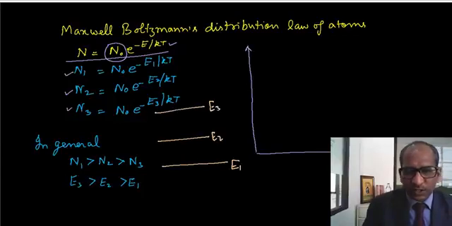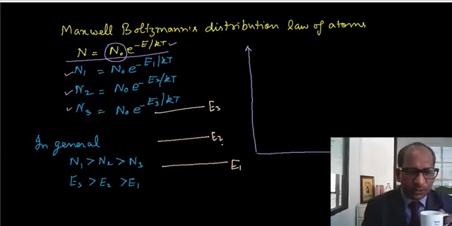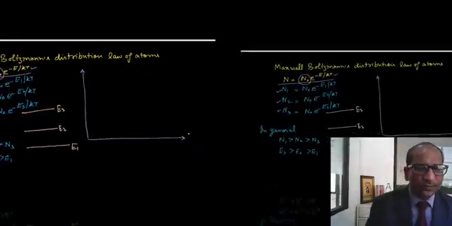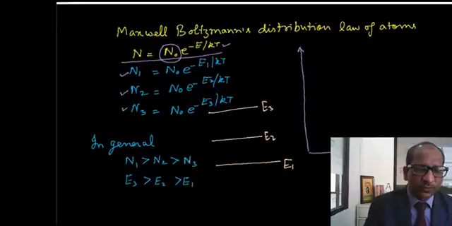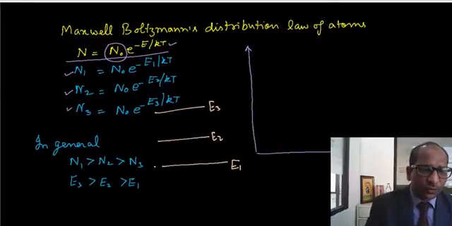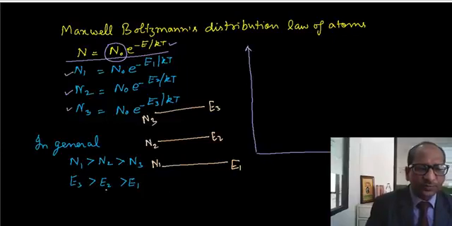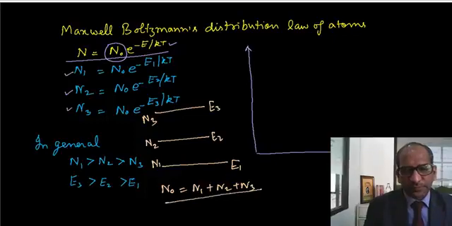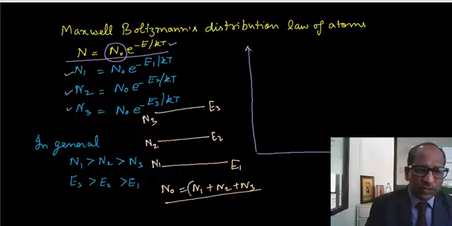Obviously the E3 energy level is higher as compared to E2 and E1. N1, N2 and N3 are the numbers of atoms, so N0 is equal to N1 plus N2 plus N3, the total number of atoms. How the N1 atoms are distributed corresponding to the energy E1 is explained by this law.